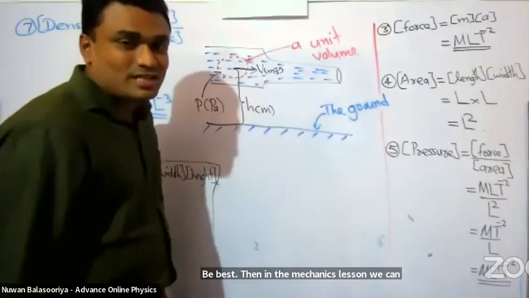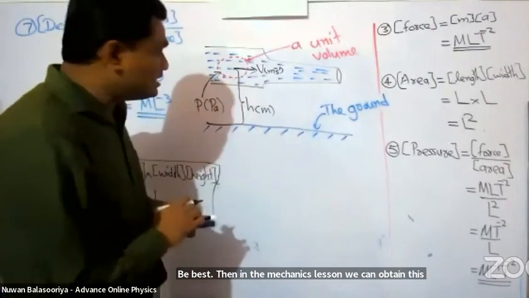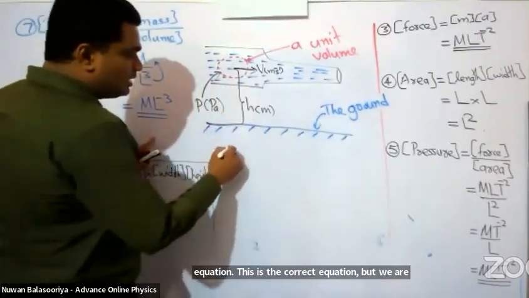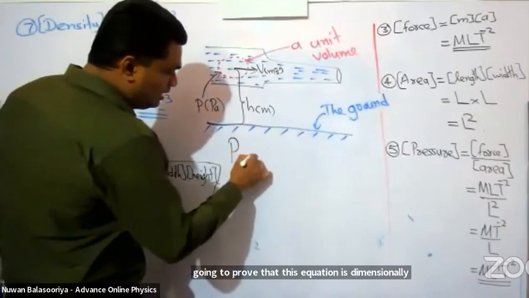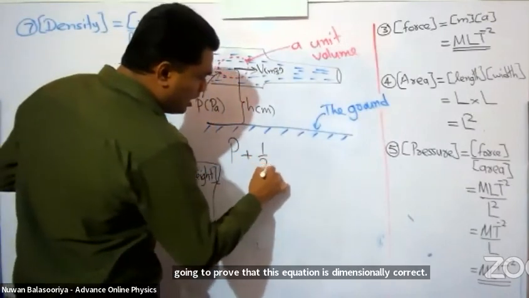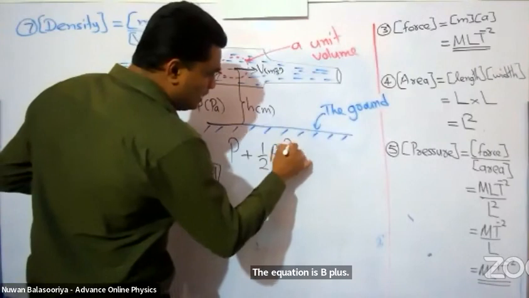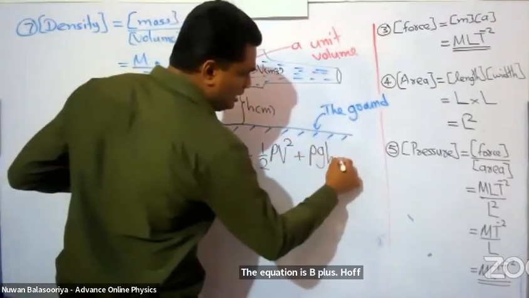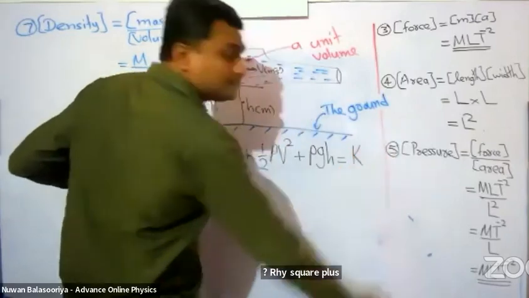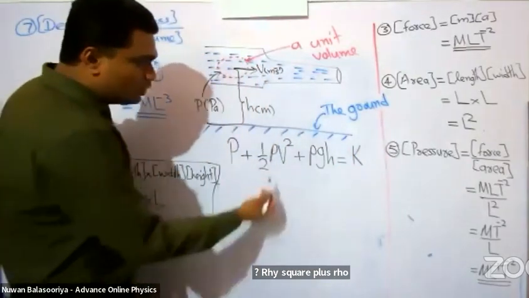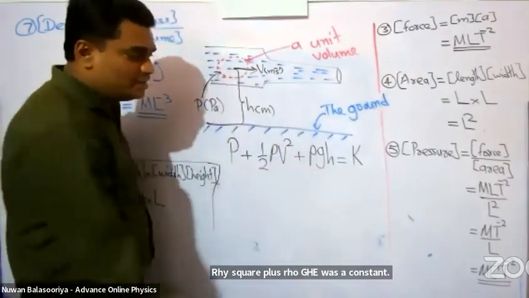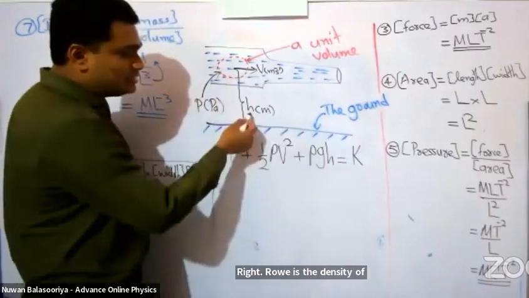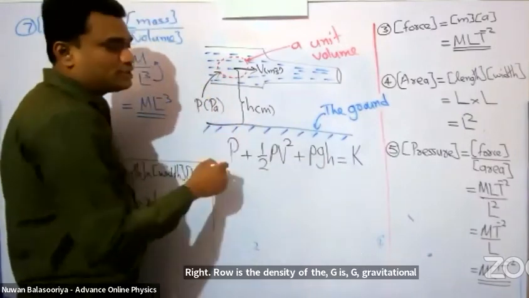Then in a mechanics lesson, we can obtain this equation. This is a correct equation, but we are going to prove that it is dimensionally correct. The equation is P plus half rho V square plus rho gh equals a constant, right? Rho is the density of the liquid, g is gravitational acceleration, h is here, and P is the pressure.